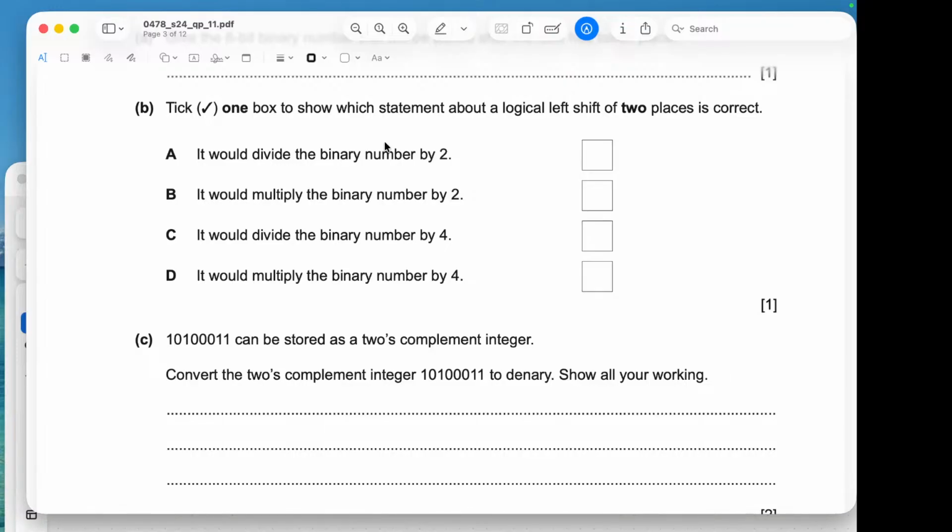Anybody in the chat want to tell me which one I think's right? Remember that we're left shifting 2 places.